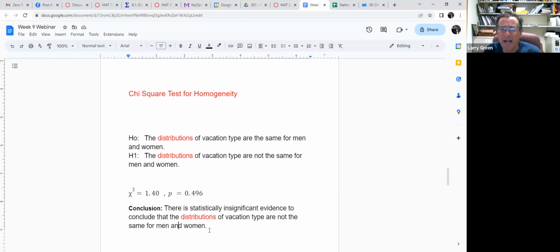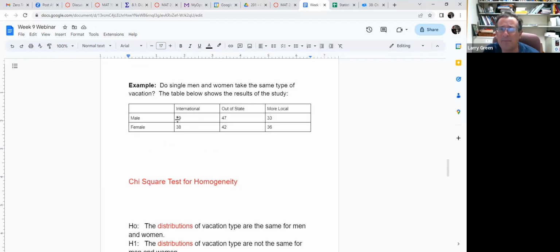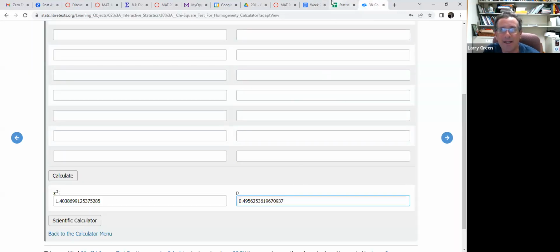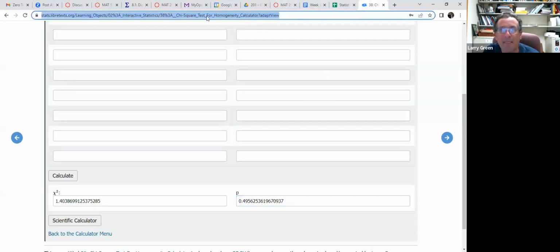Okay, the chi-squared. So let's look at this. Chi-squared is 1.4. And by the way, this is 2 degrees of freedom. So if we go back here, it's going to take a minute to get there.